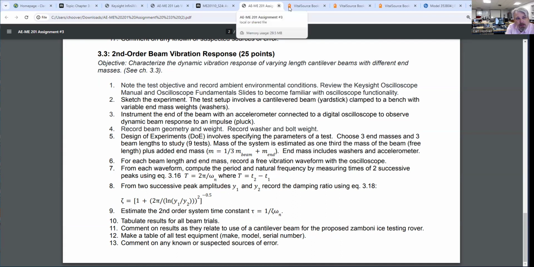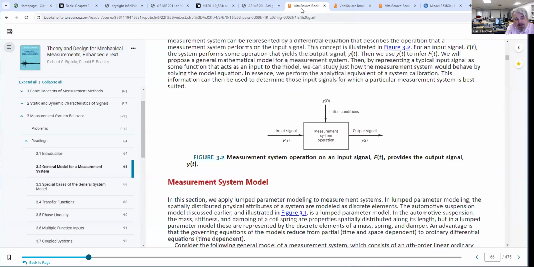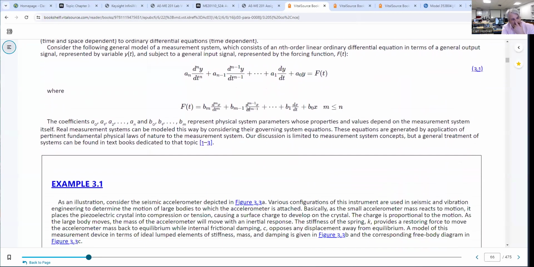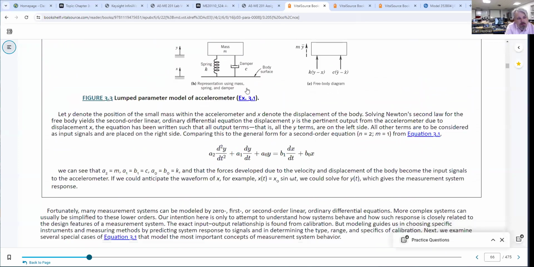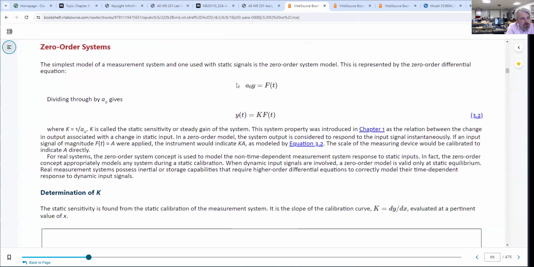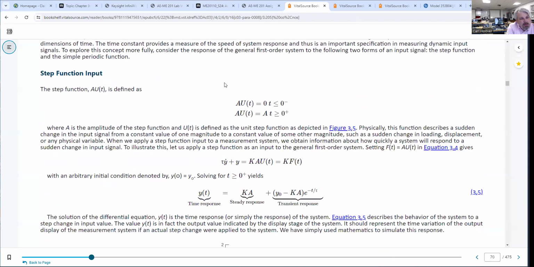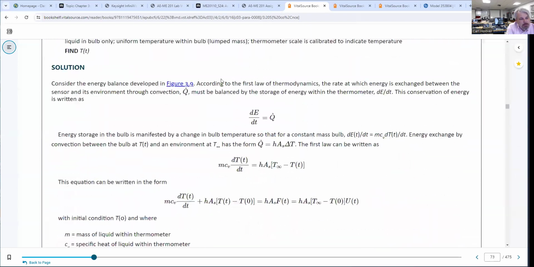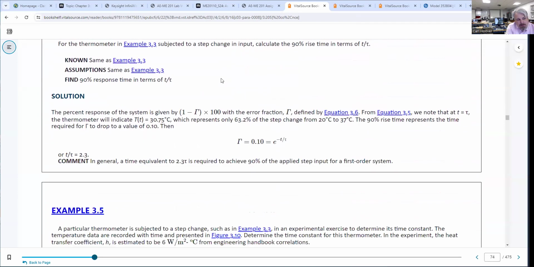So there will be a component of this where you're going to need to read the textbook, and in particular, under the measurement system section, we're looking at second order systems, and so you can see as we get down to that, this is where the math is derived.